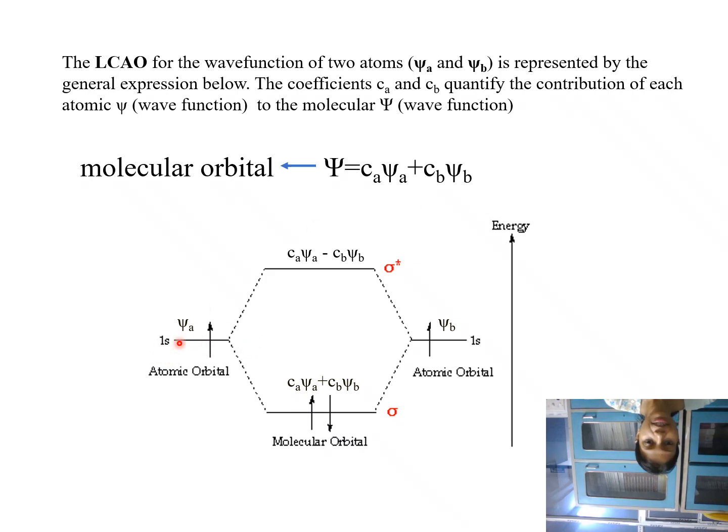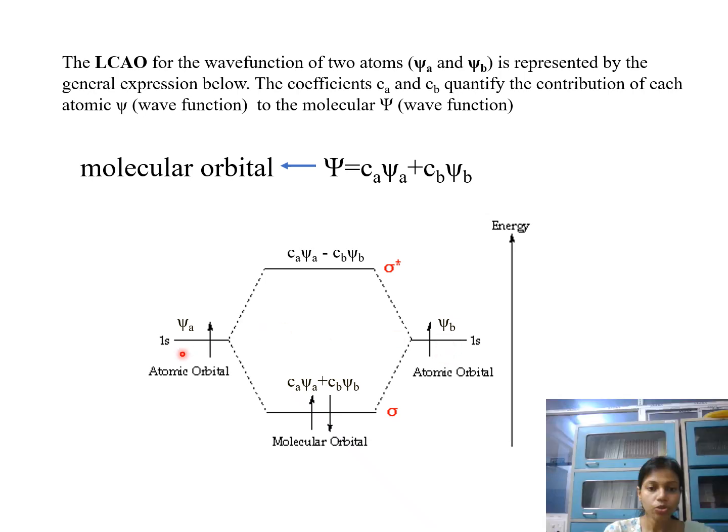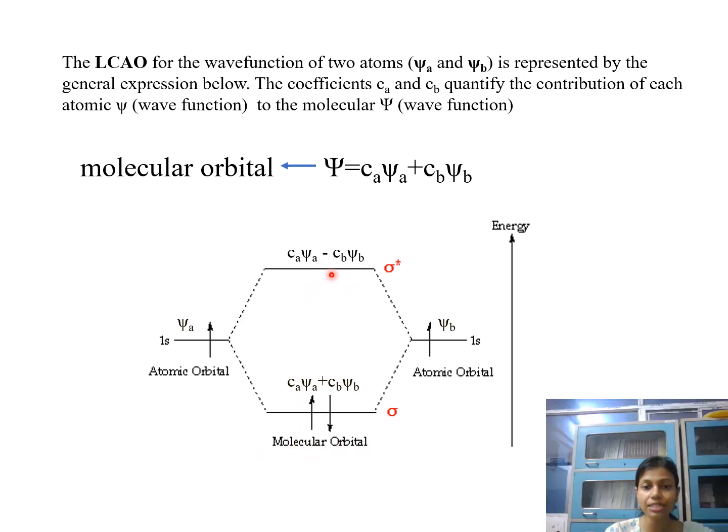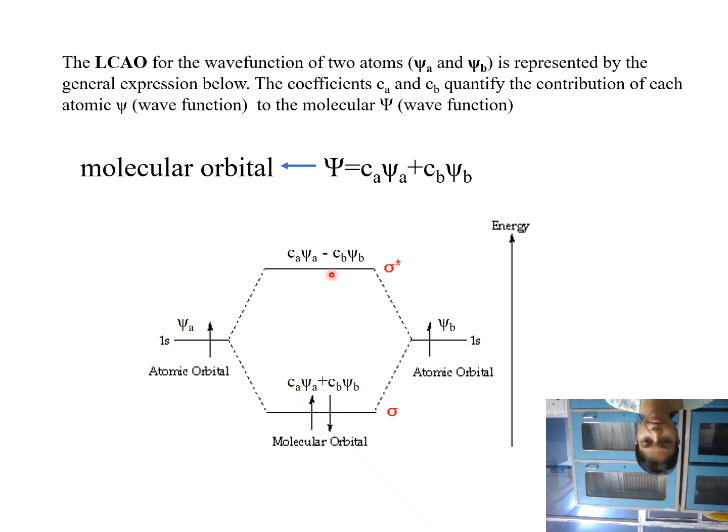Let's say this is one atomic orbital, 1s, and the associated wave function is psi A, and this is another atomic orbital, 1s, and the associated wave function is psi B. So psi A and psi B can combine; we can add them up to get the molecular orbital. When we add them up, we get the bonding molecular orbital, and when we subtract them, we get the antibonding molecular orbital. Now here, what are Ca and Cb?